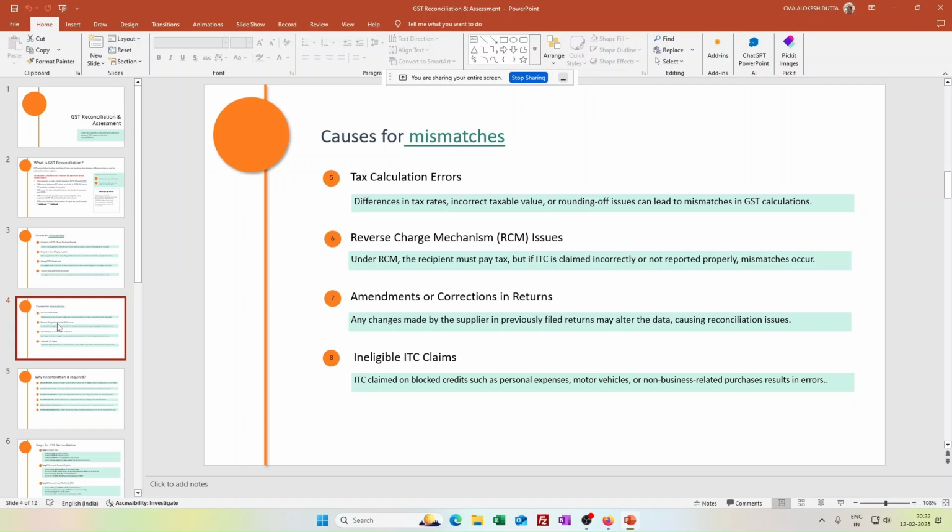Ineligible ITC claim. You have claimed what is not your ITC. I gave one example yesterday: I have received some ITC which is not pertaining to my account. It should not pass on to me. I can give the example of HDFC Bank charges.